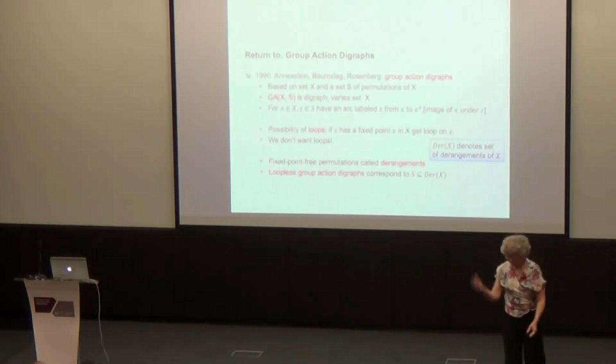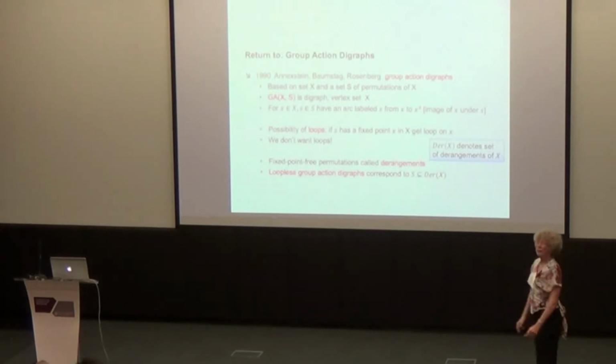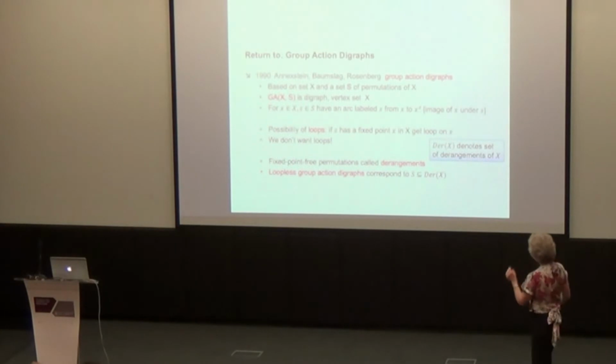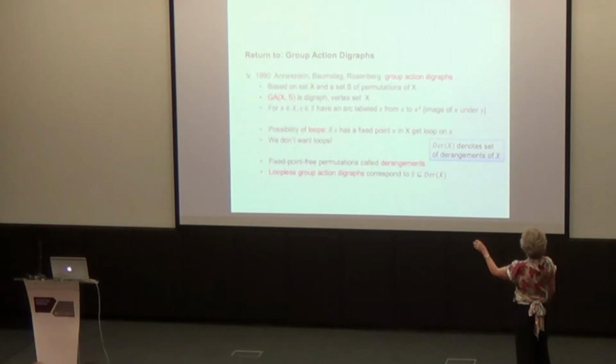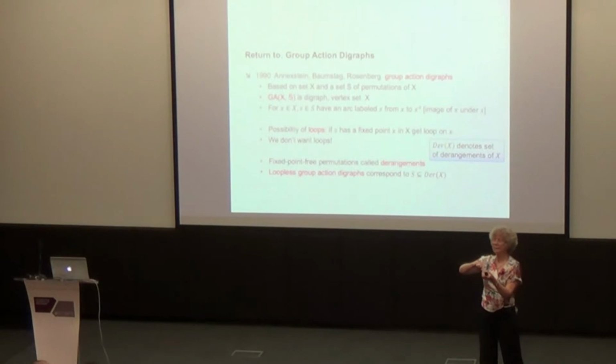But it brings me to the topic of the talk. We still haven't got a set of graphs that contain the Petersen graph. So we went back to the Einstein, Bonslag, Rosenberg construction of the group action digraphs. Now if you think about what's going on here, if one of these permutations in S has a fixed point x, so x to the S is equal to x, then you're going to get a loop in their group digraphs.